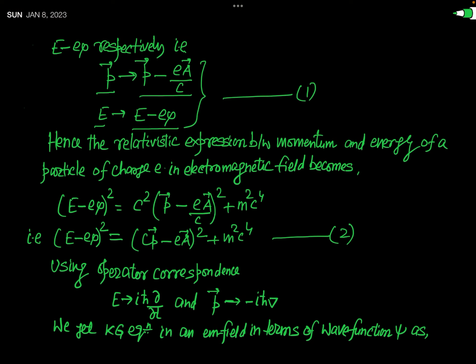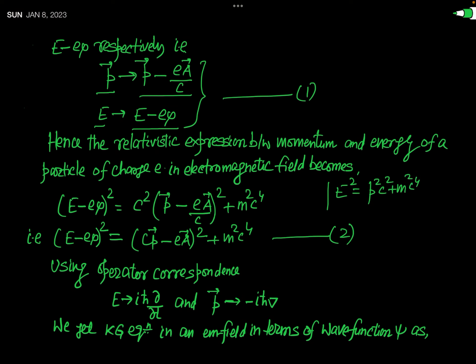If you want to write the relation between the energy and the momentum in case of relativistic motion, you know Einstein's famous relation between energy and momentum is given like this: E square equal to P square c square plus m square c4.